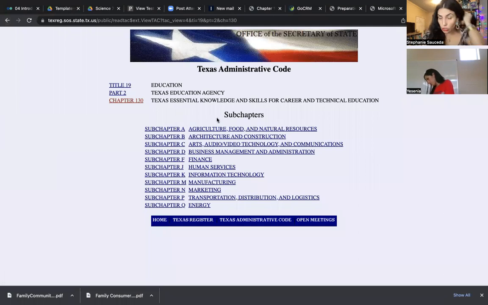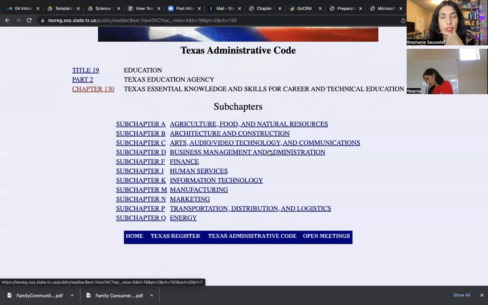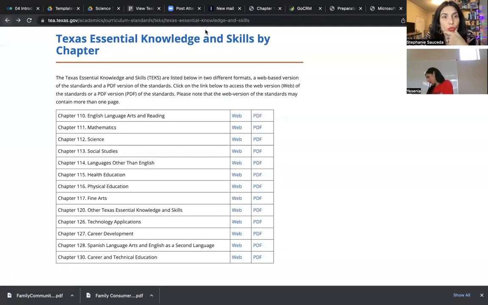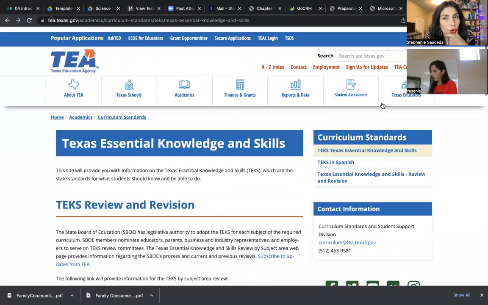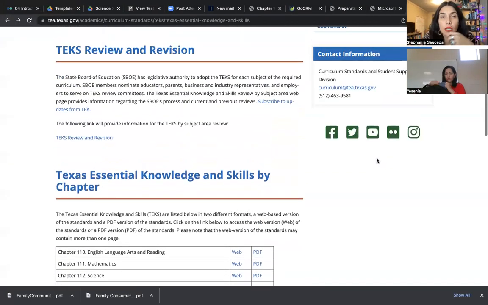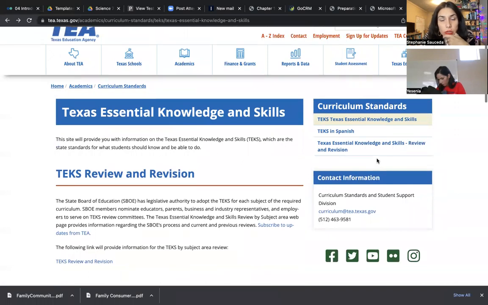Okay, so here you have, and it might be this one, I'm not sure, because I cannot find the actual, or maybe I know why, possibly.